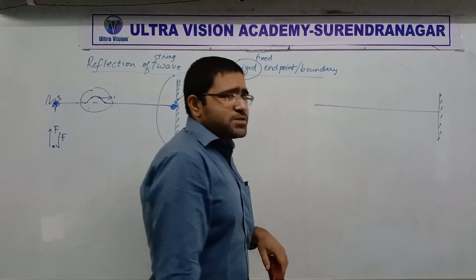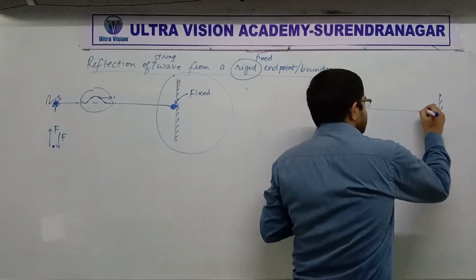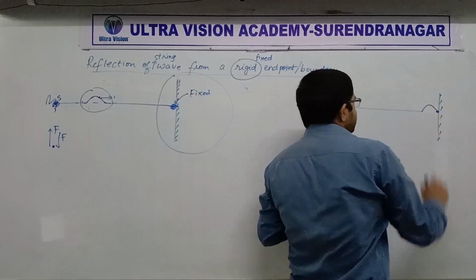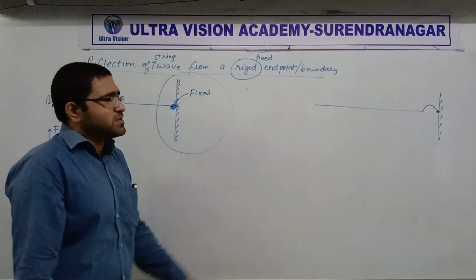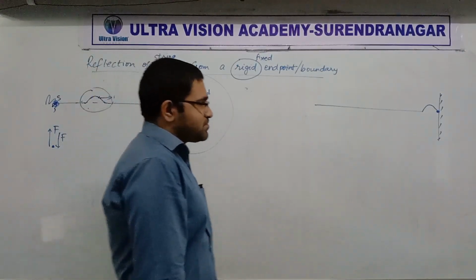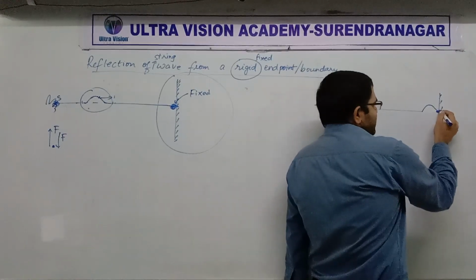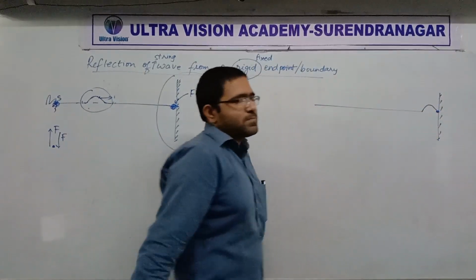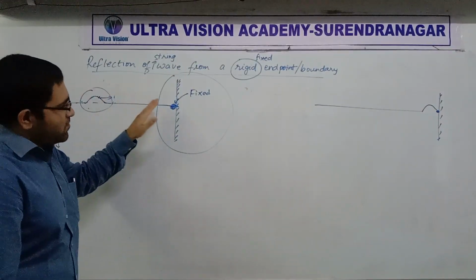So first of all, let's draw just one case where the wave pulse just reaches that fixed point, like this. Just reaches that fixed point. So far, let's say the wave pulse has traveled all the way from here to here.